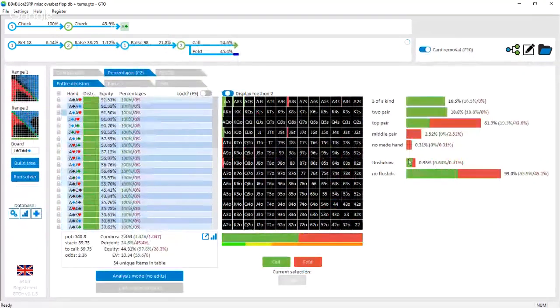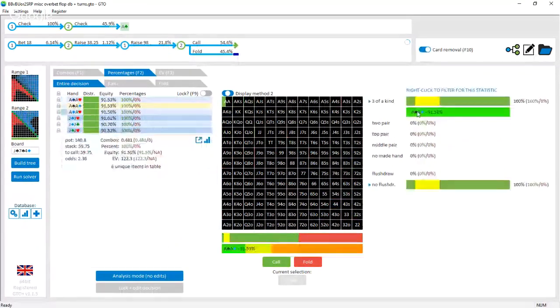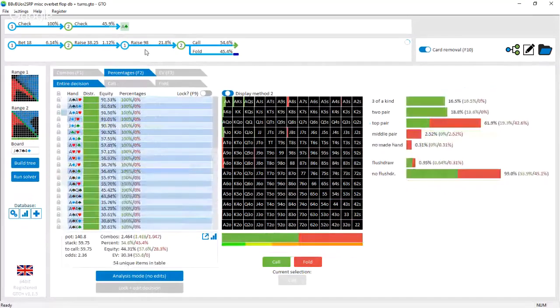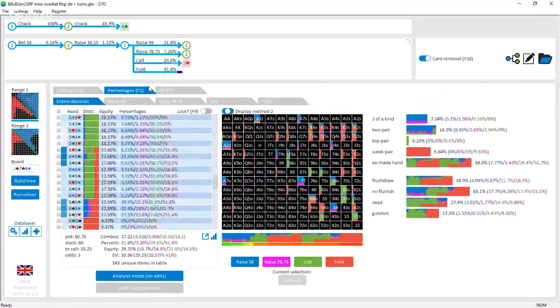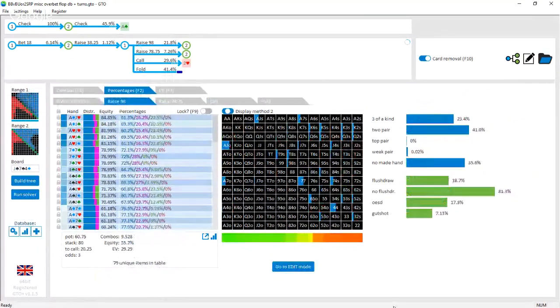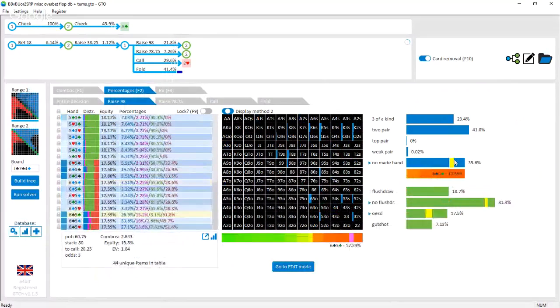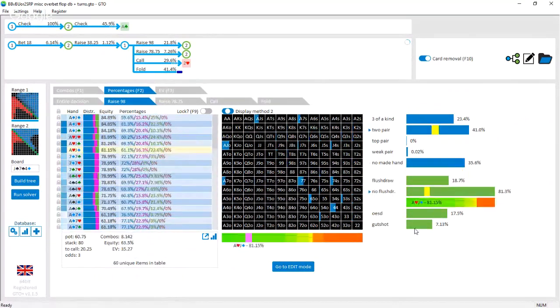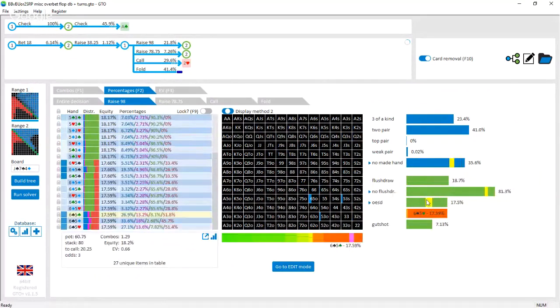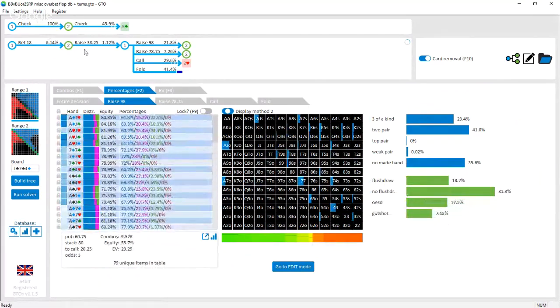So you can just rejam, I guess. That's the top pair. The top pair is calling this ace king. What is jamming? Yeah, two pair plus and flush draws. And some open enders.